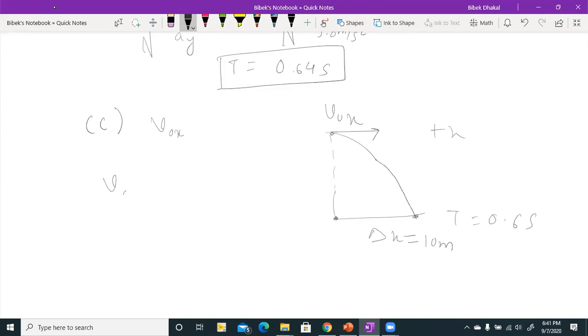So your velocity is the distance over time, and your distance is 10 meters, and your time is 0.64 seconds, I guess. So this gives you 16 meters per second as your initial velocity towards x.